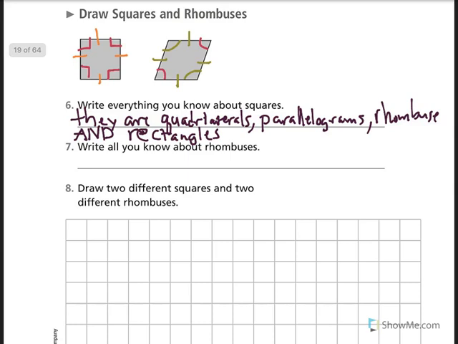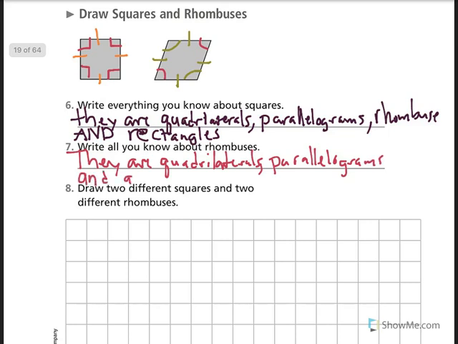Oof, sorry. And then, what do we know about rhombuses? They are quadrilaterals, four-sided shapes. Parallelograms, and all sides are equal length.